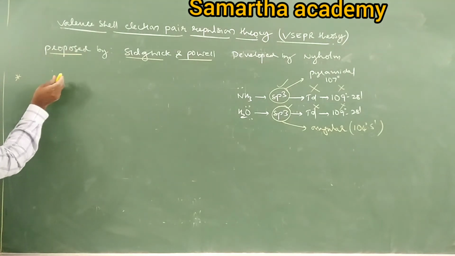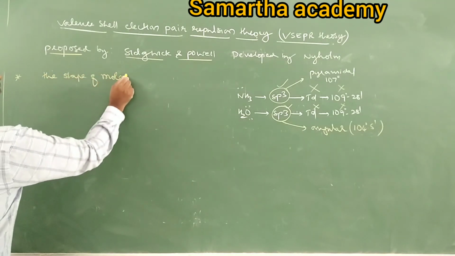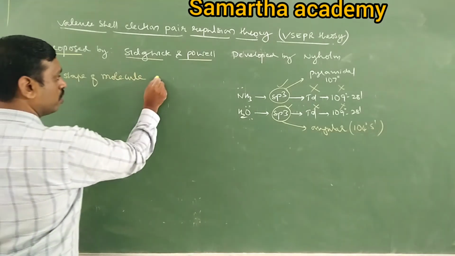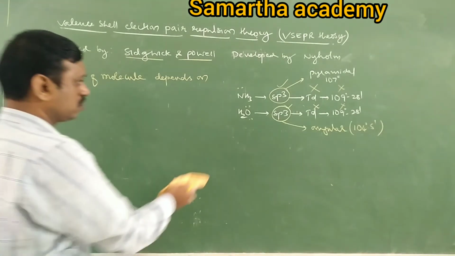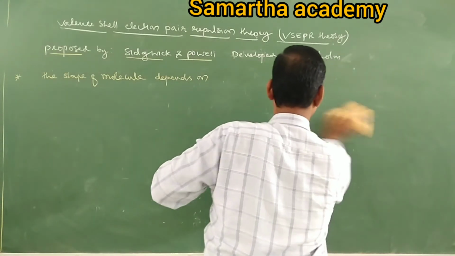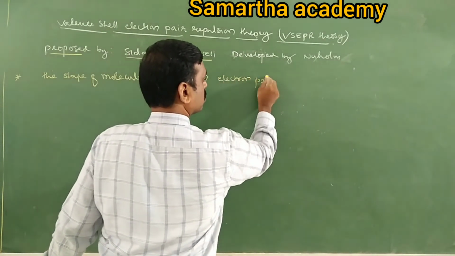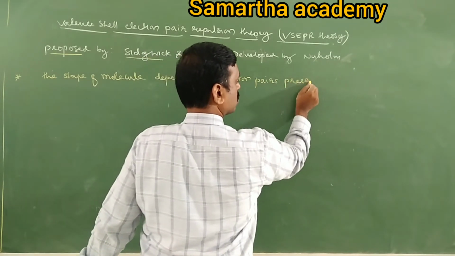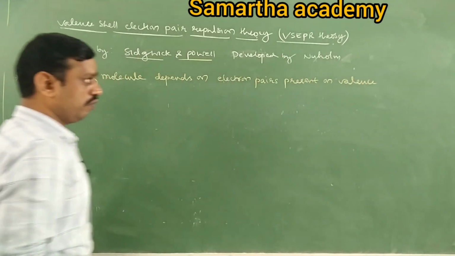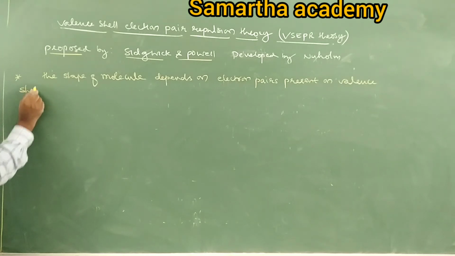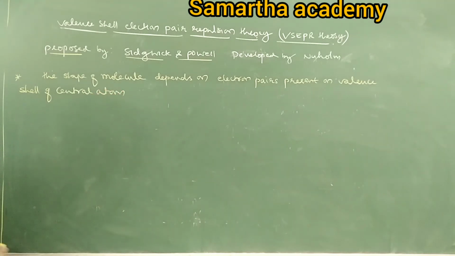First postulate: the shape of a molecule depends on electron pairs present on the valence shell of the central atom.